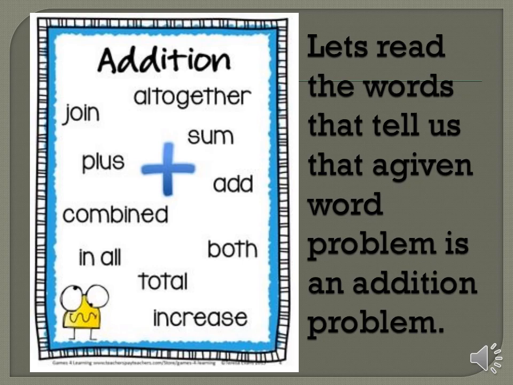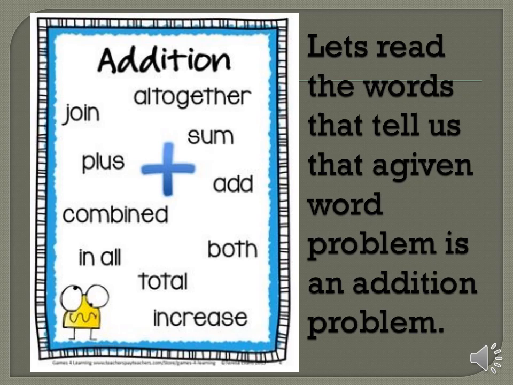It includes altogether, sum, add, both, total, that is the total number, increase, that is the number is increasing, in all, combined, that is together, plus and join. These are the different words that help you understand that the given word problem is an addition problem.